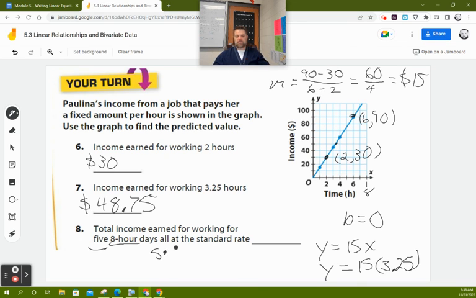The answer is 40. You're my Siri. The answer is 40. So now what do I do to find it? Well, I'm just going to plug it in. I'm going to say y equals 15 times x, but x is equal to 40. And what's that equal? 600. Any questions on that?